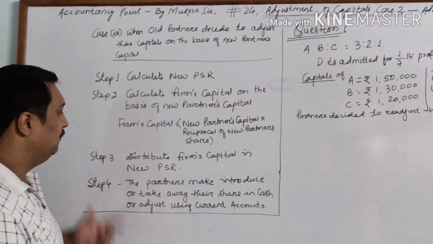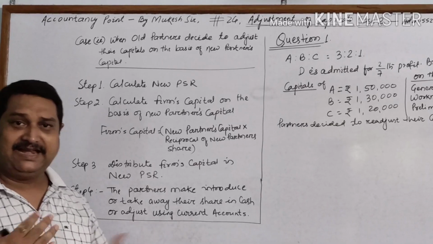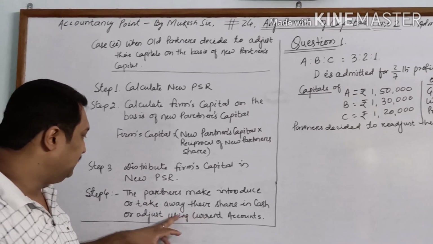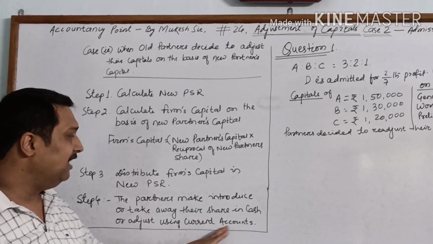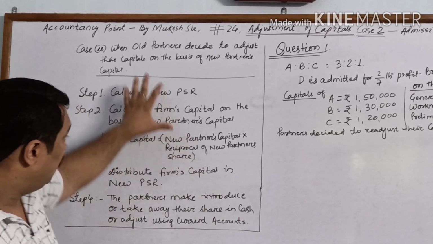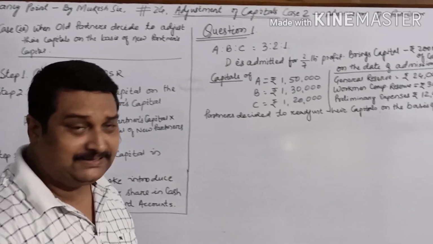This is how you will get the readjusted capital of all the partners. If there is any excess or shortfall, that may be adjusted through cash or using the current accounts of the partners. Now, in order to understand this, we will take a simple example first.